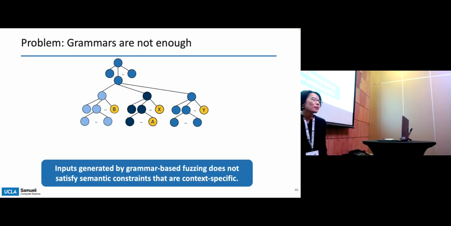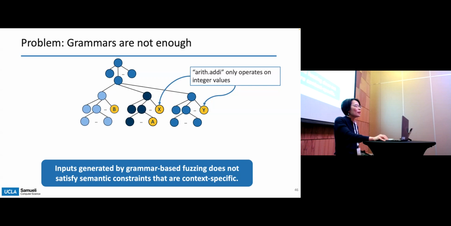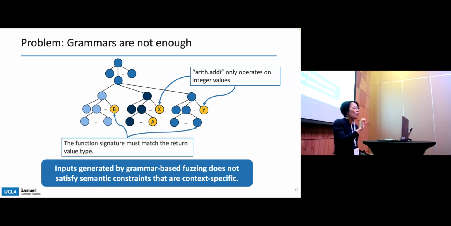We all know that grammar is not enough. The input generated by grammar-based fuzzing does not satisfy context-specific semantic constraints, such as what kinds of references make sense, or not redefining what's already there.